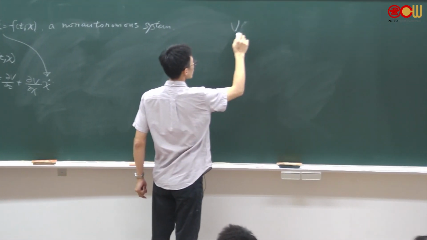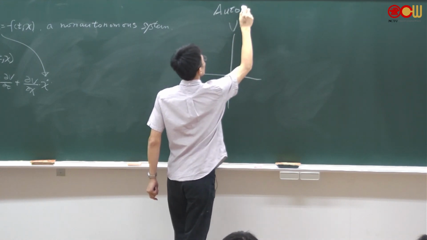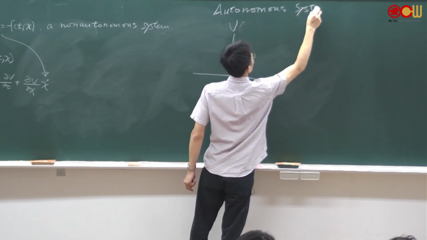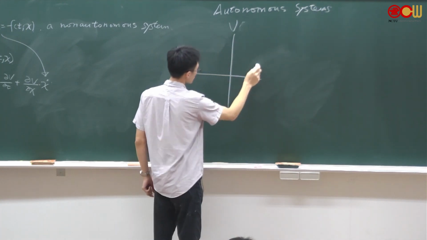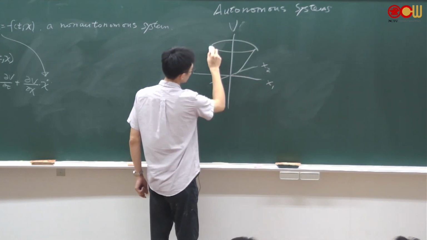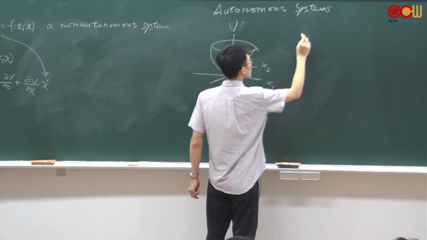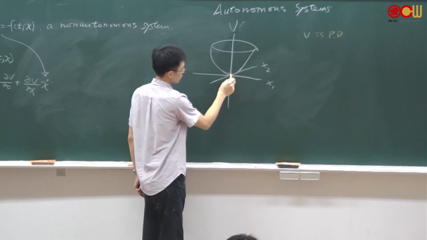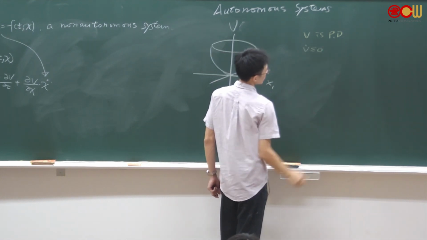In the previous case, we discussed autonomous systems, x1, x2, where we find some function called the Lyapunov function. We say if V is PD, which it is because it is only 0 at 0, and we find V dot is lower and upper bounded by 0.